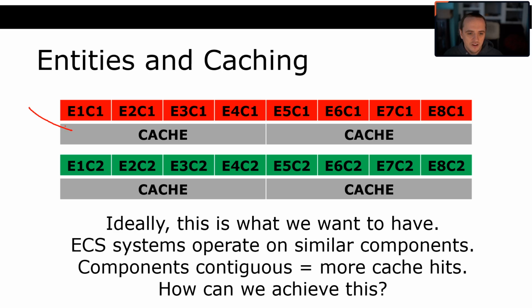So in one cache line, we might be able to get the first component of each of the entities, right? And so that way, when we're looping through the entities and we're just looking at this single component, well, we've gotten like the next few of them in the cache for free. And so ECS systems operate on similar components. And if the components are contiguous, we get more cache hits.